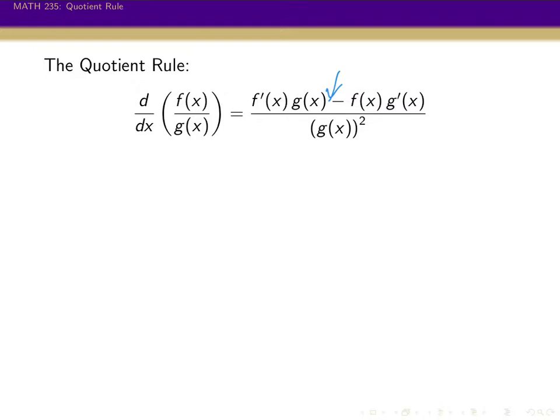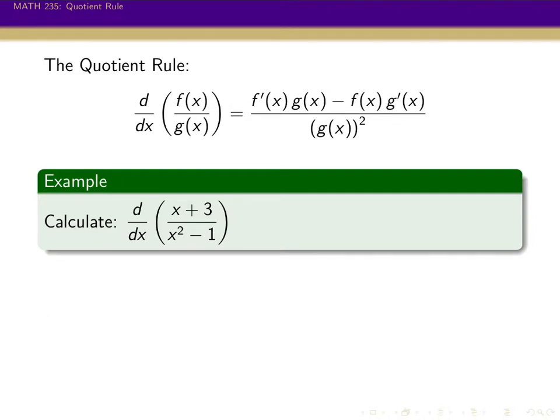This is coming from the derivative of 1 over g of x making it negative, tossing a negative sign in right there. So this is one of the main things to remember about the quotient rule, different from the product rule. The product rule has an addition in between. The quotient rule has subtraction.